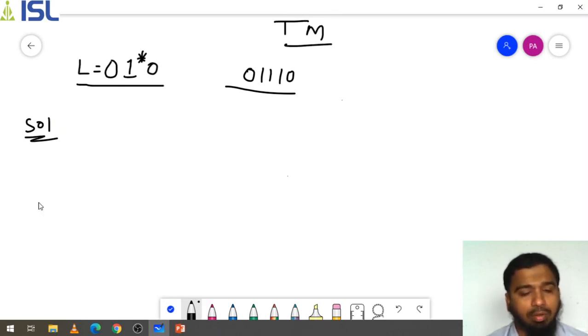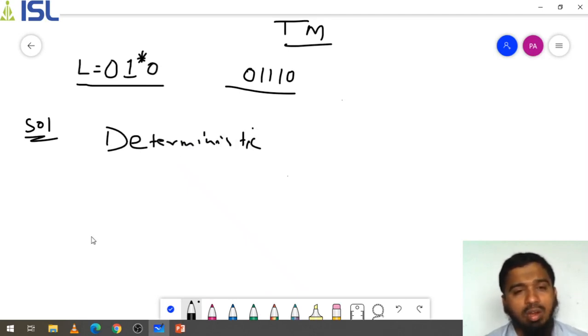Okay, fine. Now, this is deterministic and non-deterministic. You can see in the previous videos in detail. Okay, deterministic. So, here first of all we need to draw the state diagram, or otherwise you just need to take the tuples.